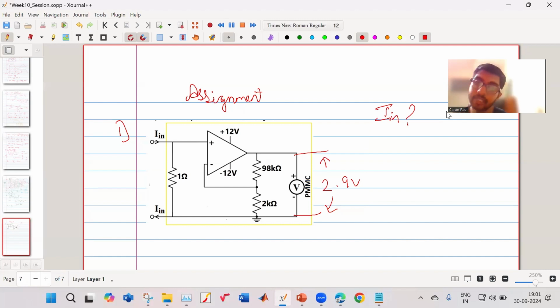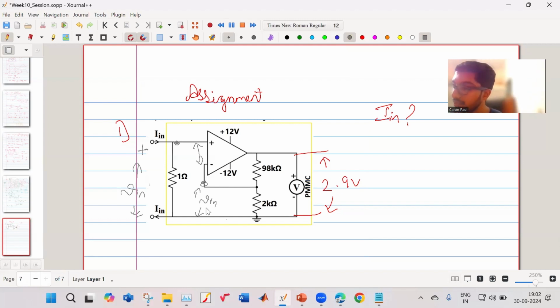So first of all, there's negative feedback, so we will consider the virtual short concept is valid. And let us say this is your plus minus V input. Whatever V in is over here, it will also come over here. So over here also it is V in, right?